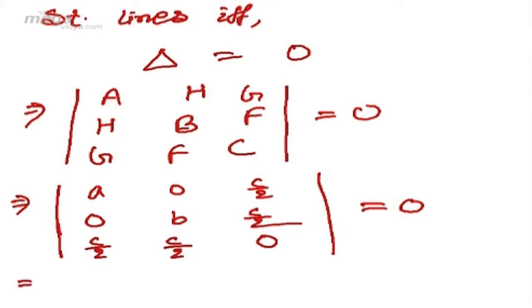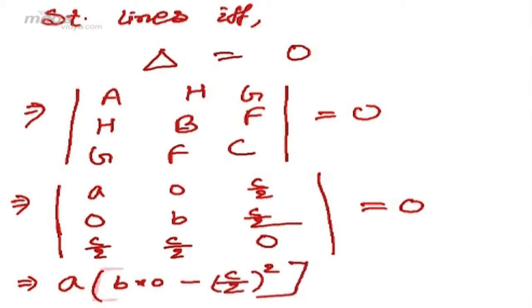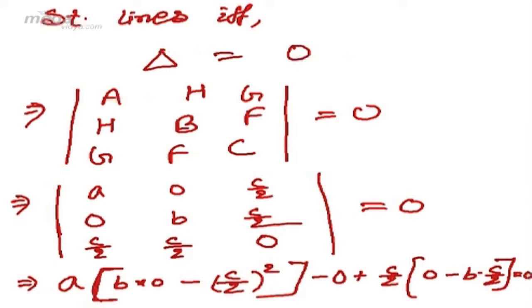What you will get here: a into this cancel, b into 0 minus (c/2) whole square, minus 0, plus c/2 into this cancel, 0 into c/2, that is 0, minus b into c/2. This whole equals 0.